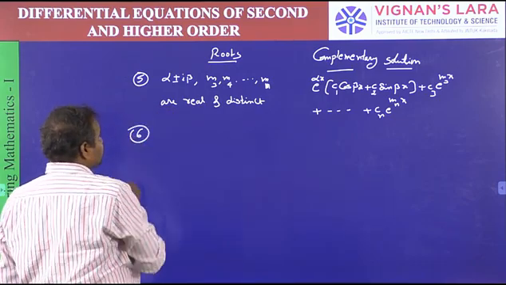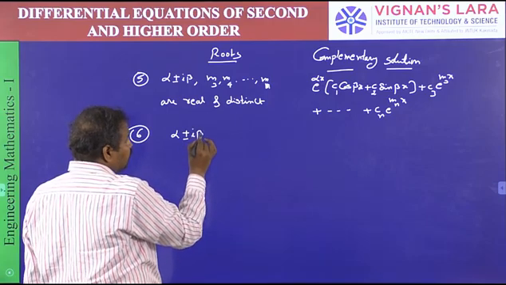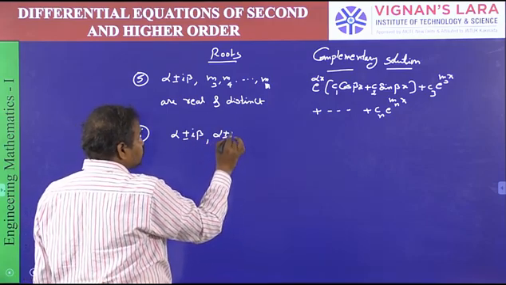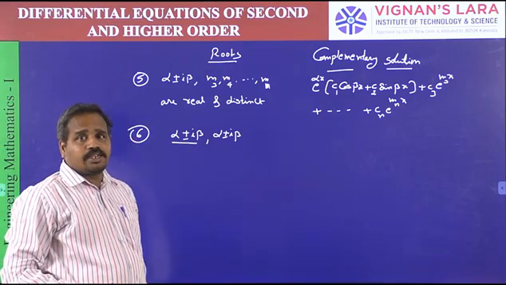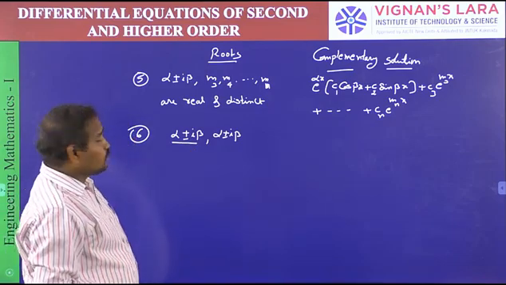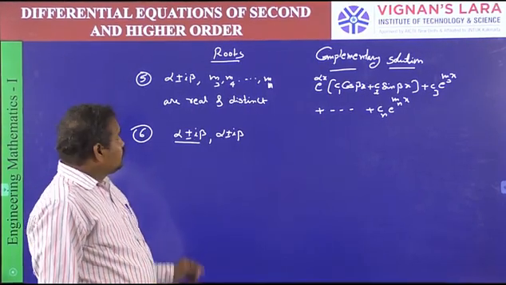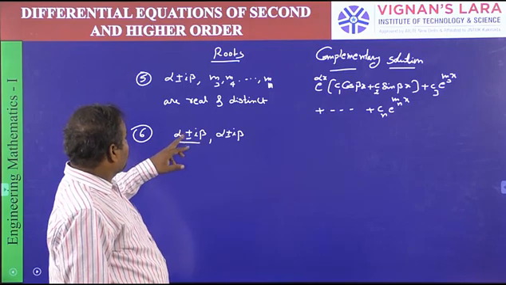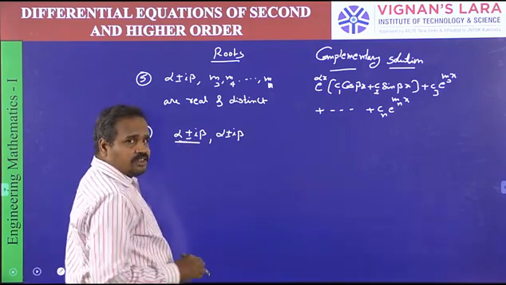Coming to another case, alpha plus or minus i beta repeated two times. Complex roots are always of the form alpha plus or minus i beta. Another pair of complex roots alpha plus or minus i beta is one set pair.